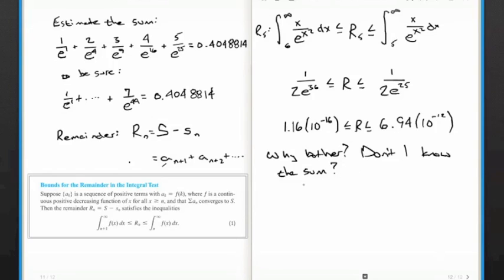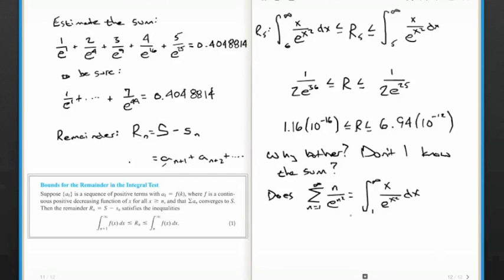Or in other words, does the sum from n equals 1 to infinity of n over e to the n squared equal the integral from 1 to infinity of x over e to the x squared dx?